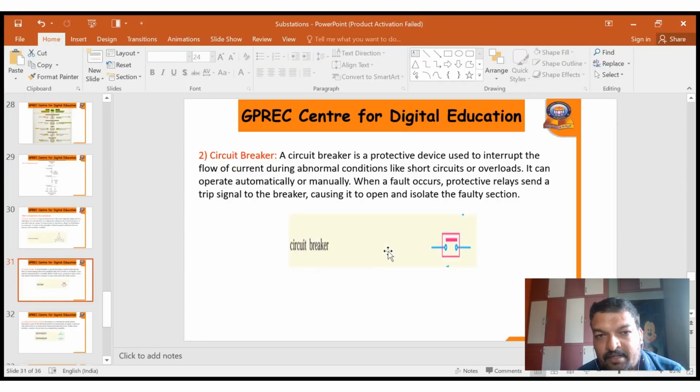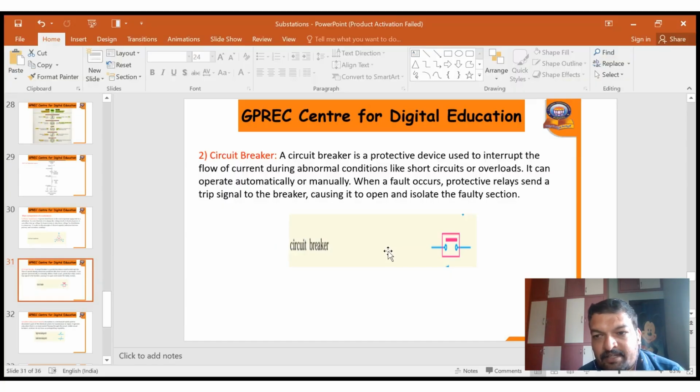The second one is the circuit breaker. The name says that it breaks the circuit when a fault occurs. A circuit breaker is a protective device used to interrupt the flow of current during abnormal or fault conditions, such as when a short circuit or overload occurs. Then the circuit breaker acts as a protecting device, interrupting the fault condition from the normal condition.